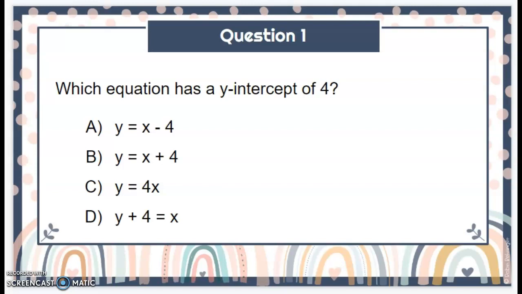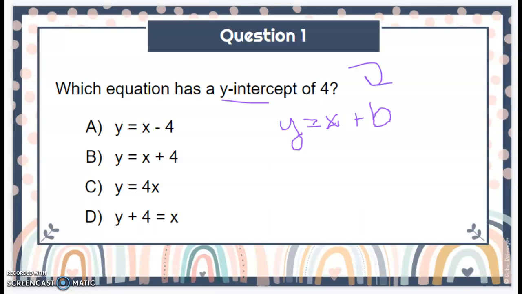Which equation has a y-intercept of 4? Well, we need to remember that the y-intercept lands on the y-axis. And we've been talking about this equation y equals mx plus b. So if we know we're talking about the y-intercept, we go back to y equals mx plus b.